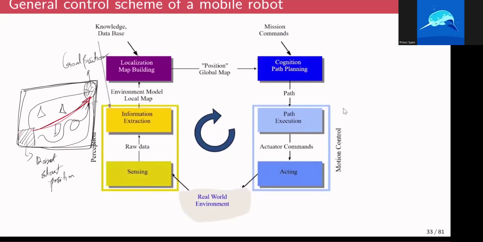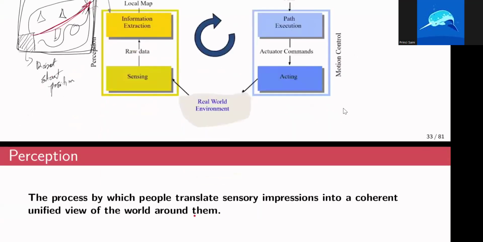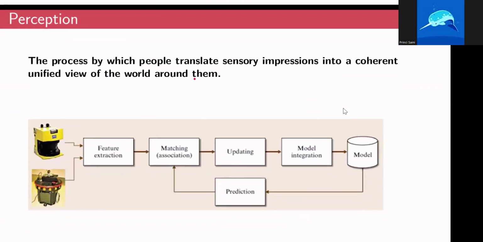And for week 4, this is the aspect that we were focusing on, mostly perception. The key definition of perception is the process by which people translate sensory impressions into a coherent, unified view of the world around them. As a human being or an organism, we get many kinds of sensory inputs. We get a visual feed of the environment.